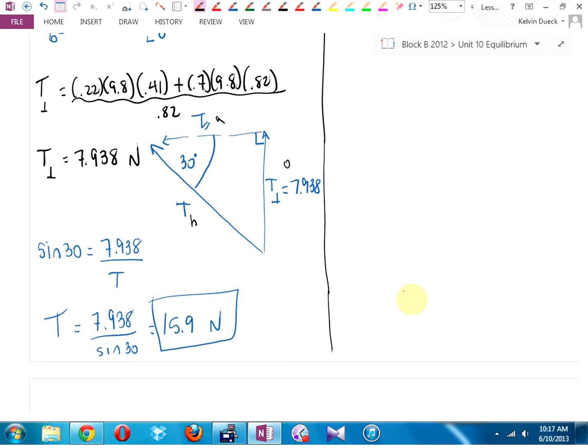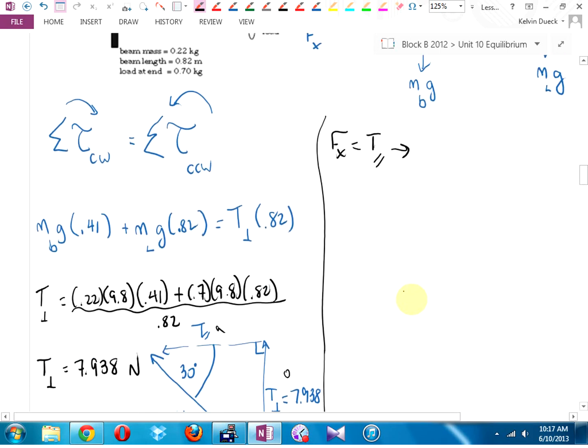I'm going to be confident that I got the perpendicular right. I'll use tangent. Tangent of 30 equals perpendicular over parallel. Tan 30 equals 7.938 over parallel.